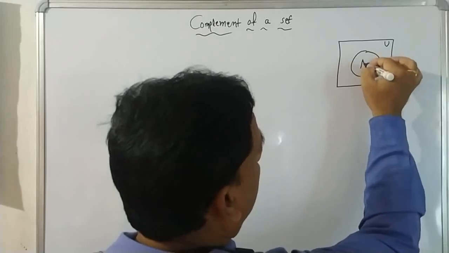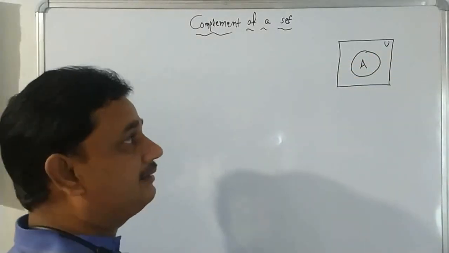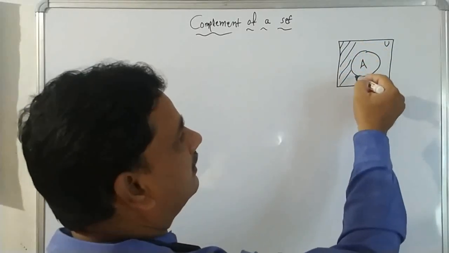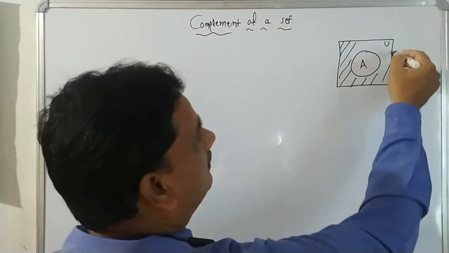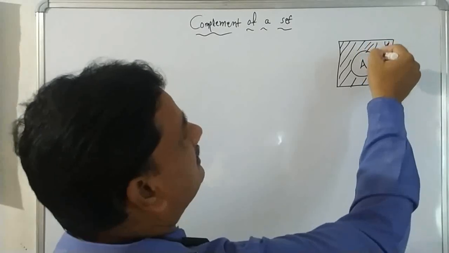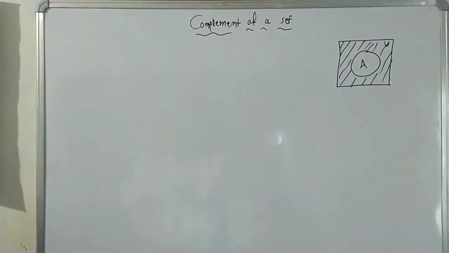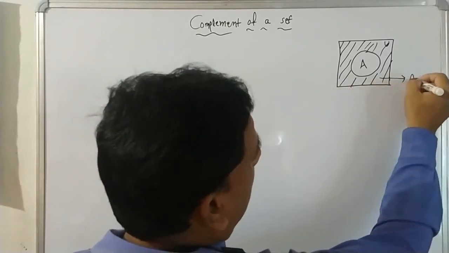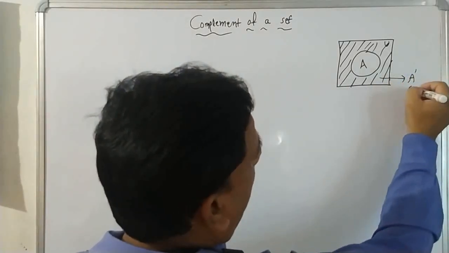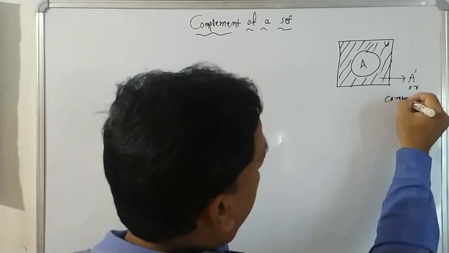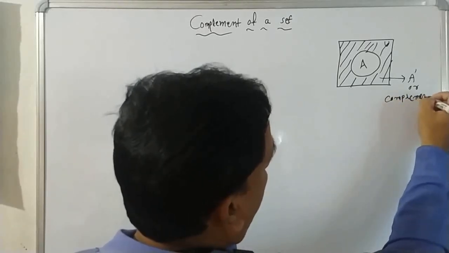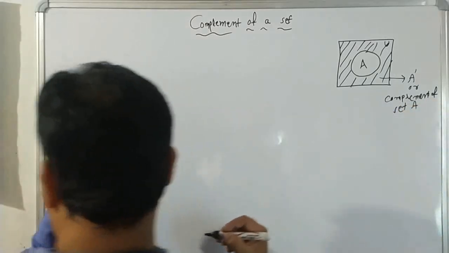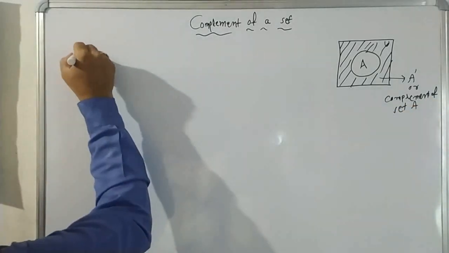Let it be set A. Then how can you describe these elements which do not belong to A? That is only A dash. This part is called A prime or complement of set A.